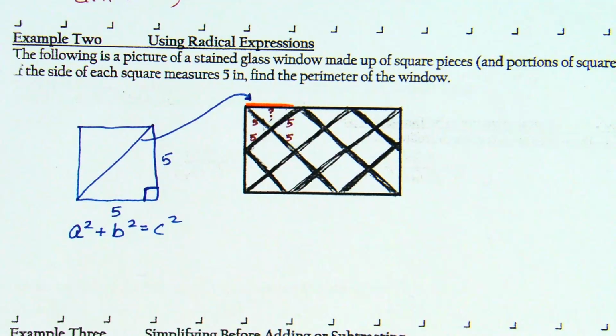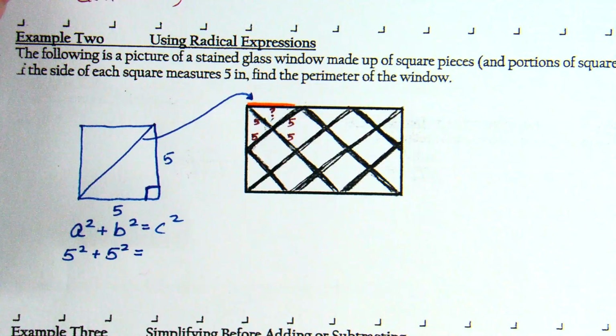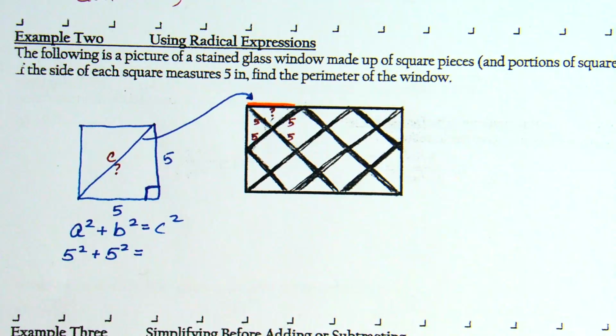What do we know? A and B are the legs that meet at a right angle. And so my A and B are 5 and 5. So 5 squared plus 5 squared. And then we're trying to find this middle piece, right?